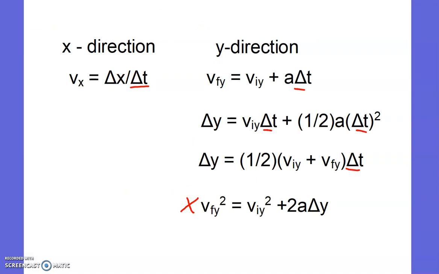This first option, I do have Vx, but I don't have delta x, so this one is out. In my y direction, this equation has delta t, and I don't know Vfy. I do know Viy and a, but I don't know Vf, so that one is out. I need to know everything else besides t. In this next equation, I know delta y is negative 30, Viy is 0, and a is negative 9.81. This is the formula that I'm going to use for part A. It has t in it, and everything else I happen to know.